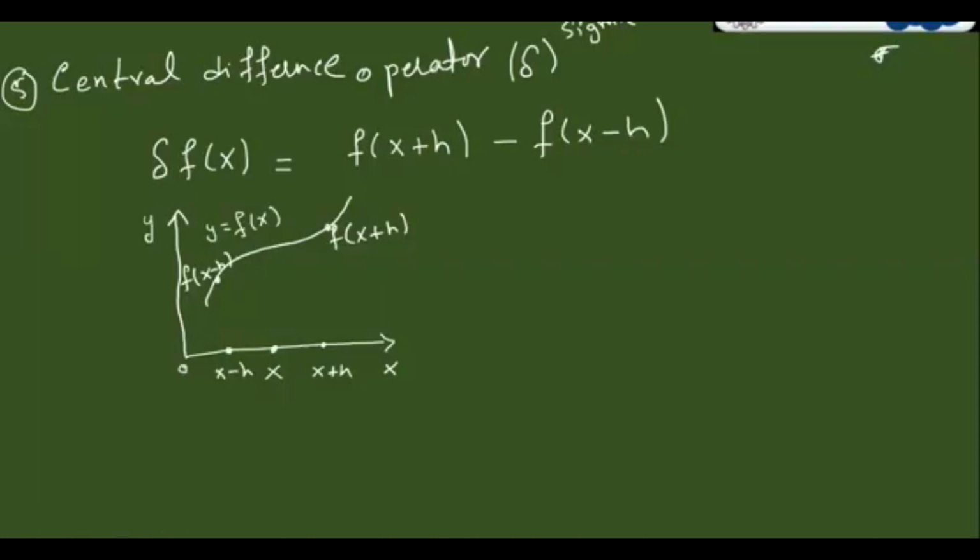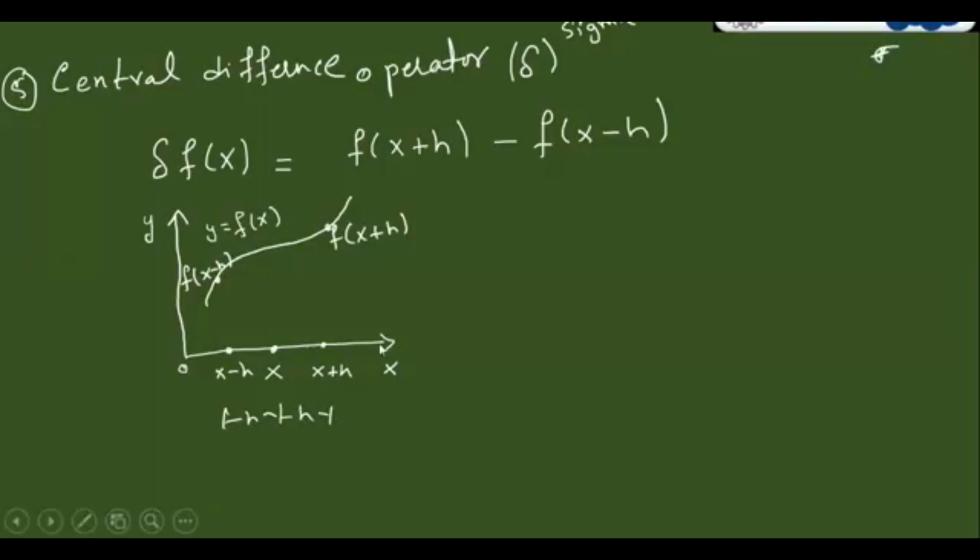But the question is, why is it called central? If you look with reference to this point, x is exactly the midpoint of these two points. For example, if h is 0.1, this point is situated exactly 0.1 distance away, and similarly the other is also at distance h.